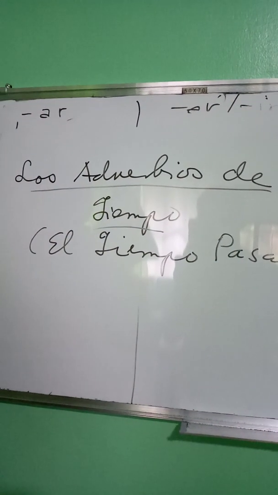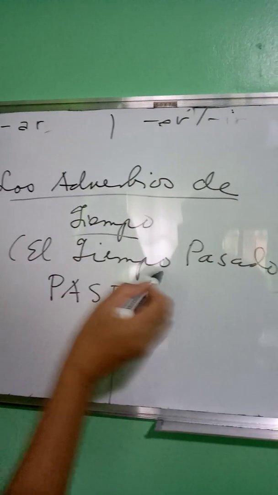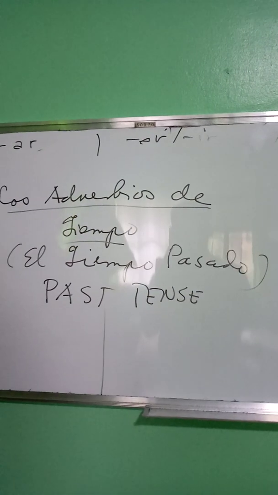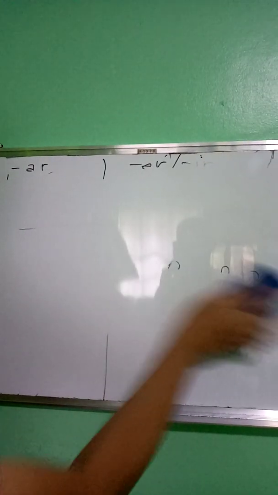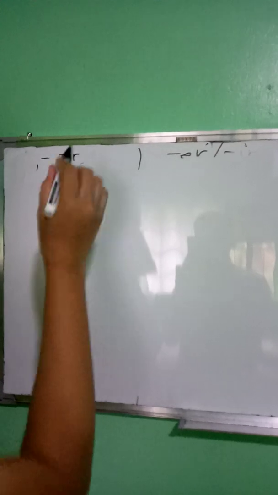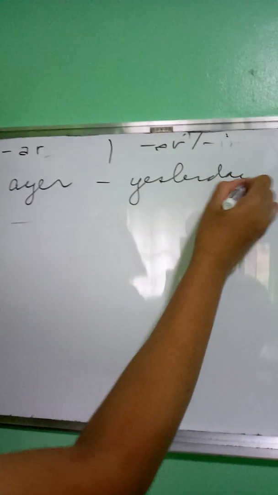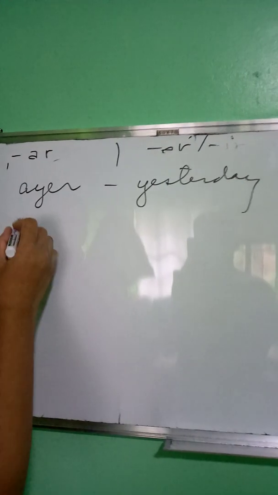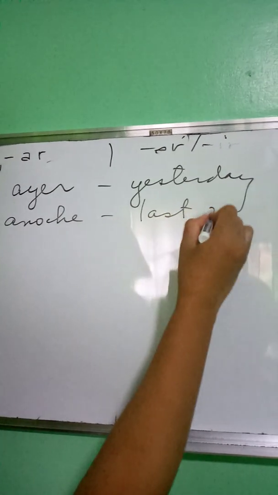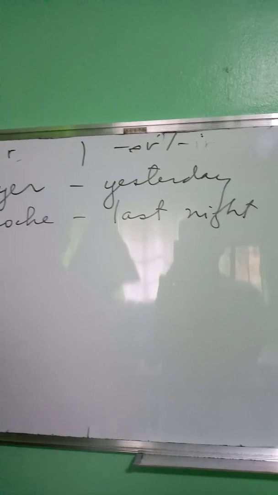The different adverbs of time that will indicate past tense or el tiempo pasado. Give me one, Miss Nases. Okay, of course, the adverb ayer. Ayer, what do you mean by ayer? Is yesterday. No? That is what is meant. Then, last night would be anoche. Anoche would be last night. Now, how do we say last week?